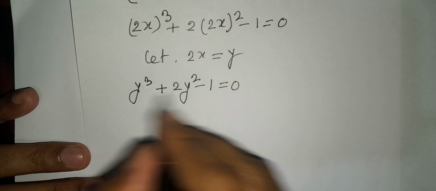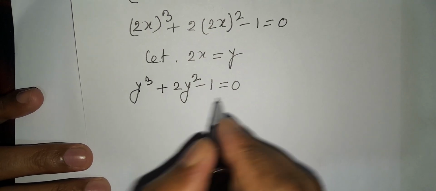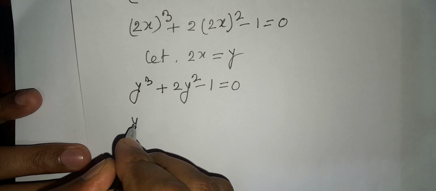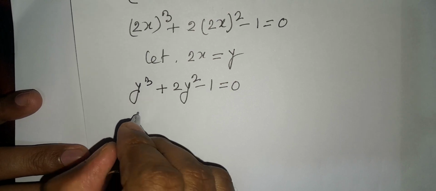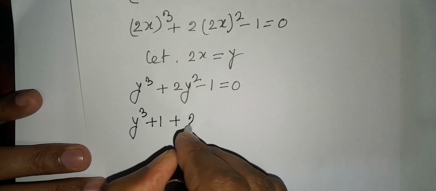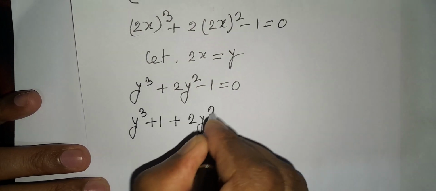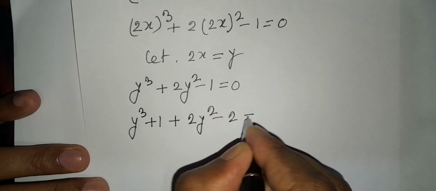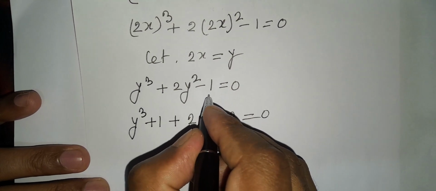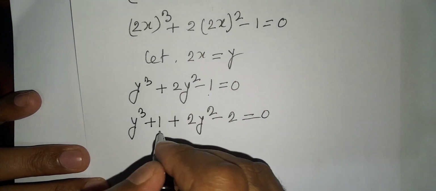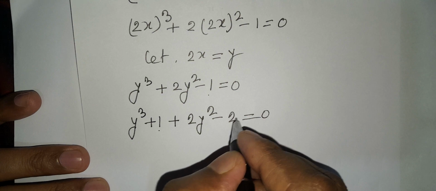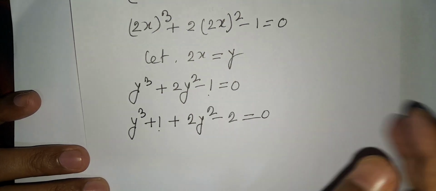Okay, we write here y cube plus 1 plus 2y square minus 2 equal to 0. Here is 1, and we write here y cube plus 1, so 2 minus 1 is equal to minus 1.